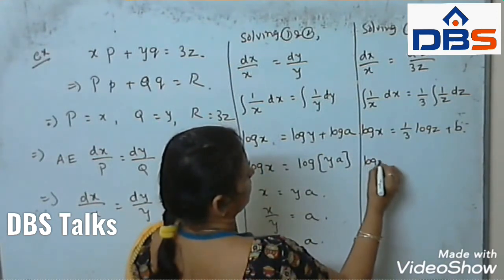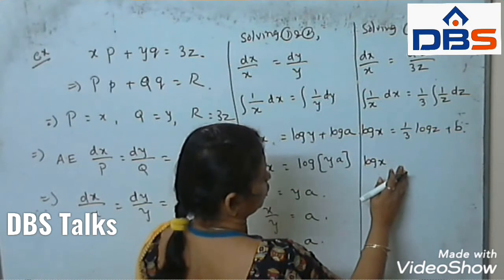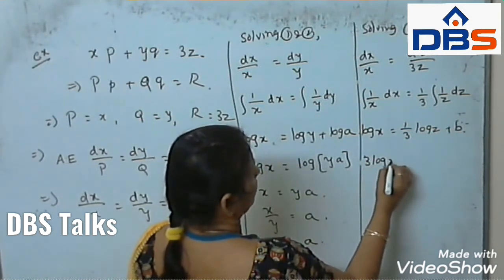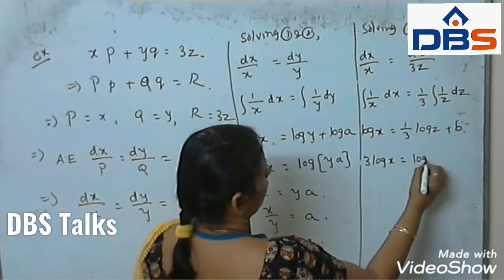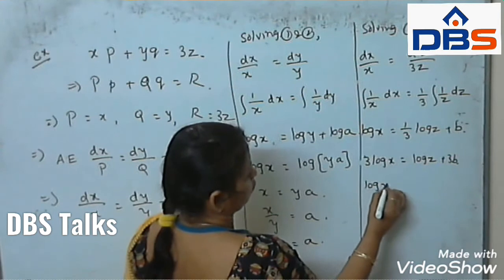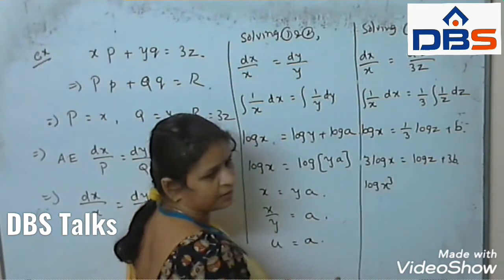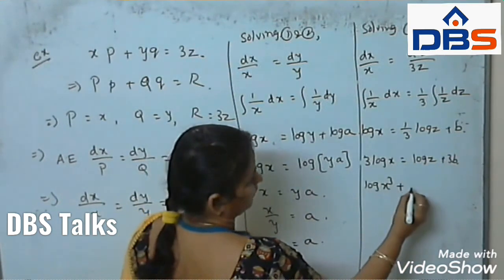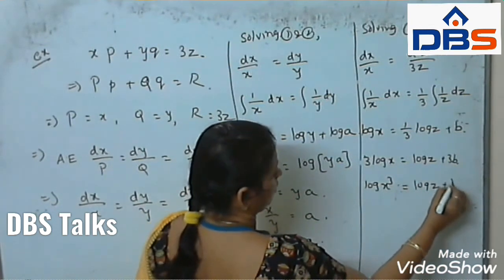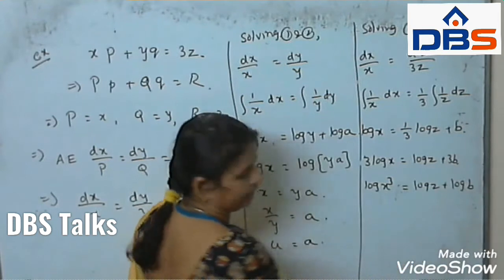By taking the LCM, 3 log x equal to log z plus 3b. 3 log x can be written as log x cube equal to log z plus log b. 3b can be written as log b.